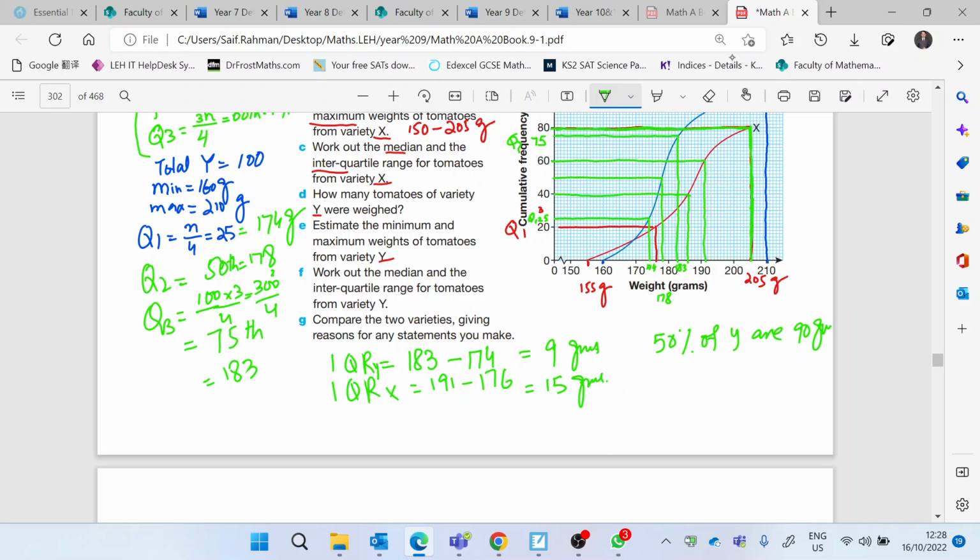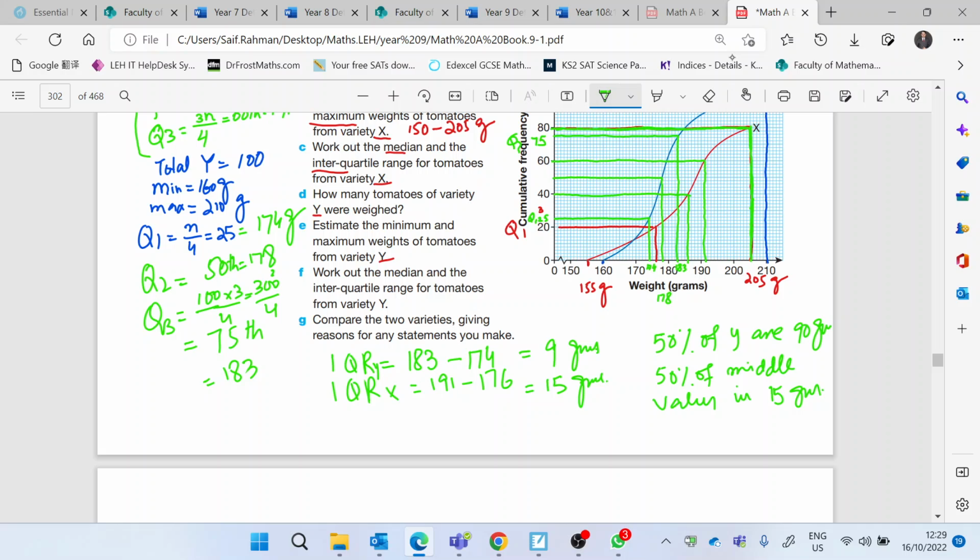And here you can see 15 grams. In X, 50% of middle values are covered in 15 grams.